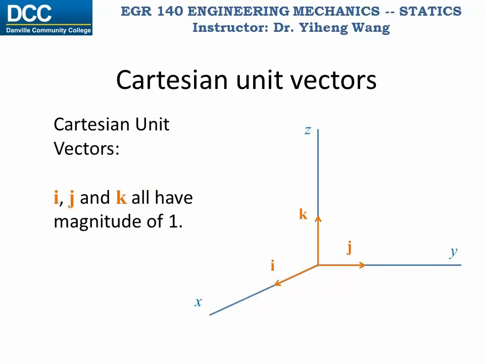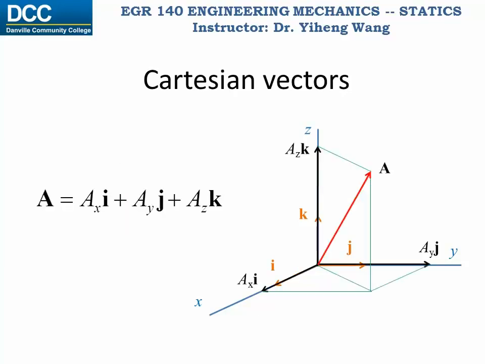As mentioned earlier, a unit vector can be defined for any arbitrary vector A. However, there are three special unit vectors, i, j, and k, which, as you can tell, have their own names. They are special because they are designated to the directions of x, y, and z axes respectively in the Cartesian coordinate system.